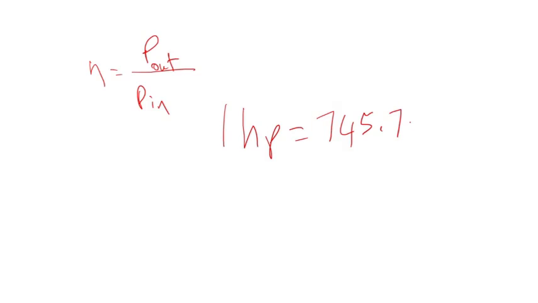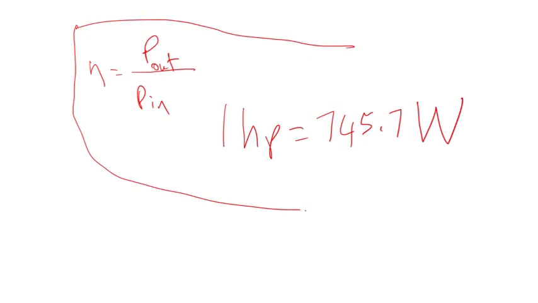One thing to keep in mind is efficiency is Pout, or output power, divided by input power, and also 1 horsepower is equal to 745.7 watts. So these are very handy equations when you're dealing with motors.